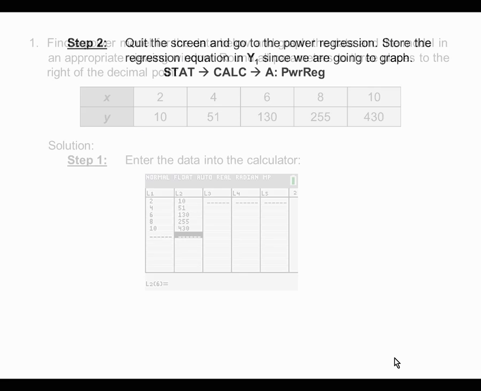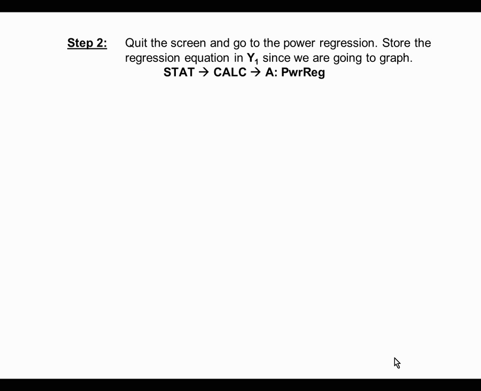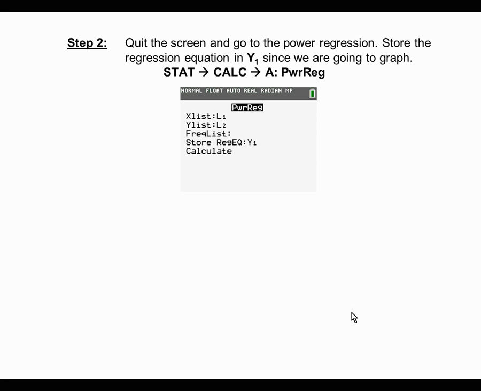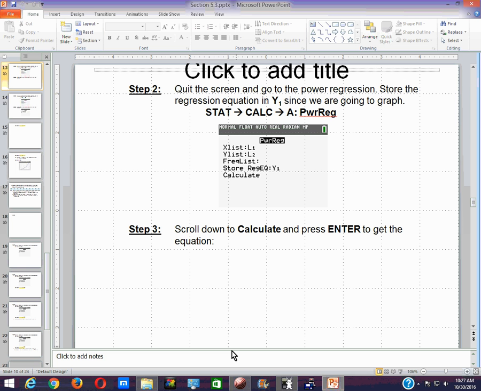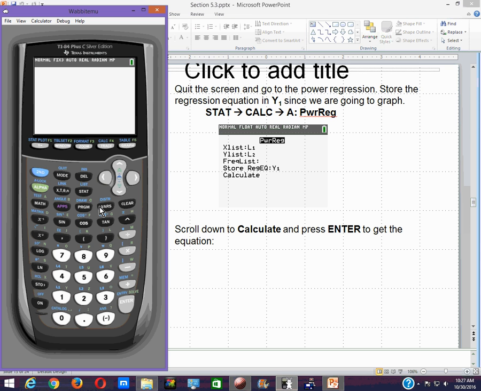So then step 2, you're going to do your stat calc, and again it's a power regression. I'm going to store my equation in Y1, and then calculate. So stat calc, choice alpha A. My list 1, list 2 is fine.